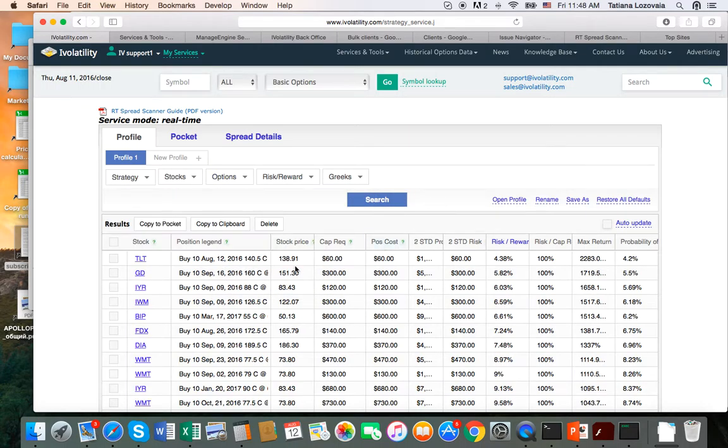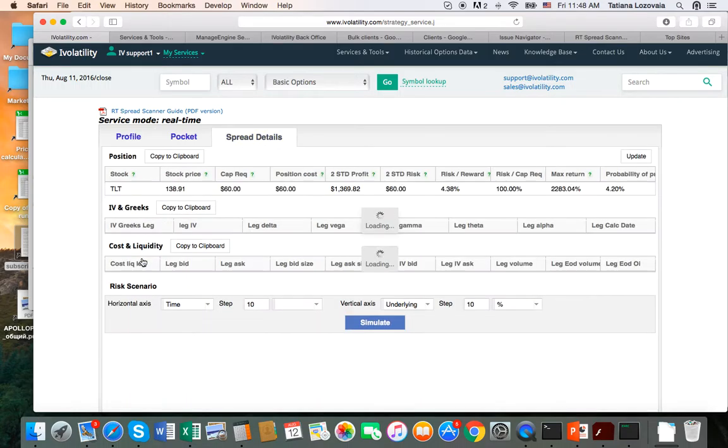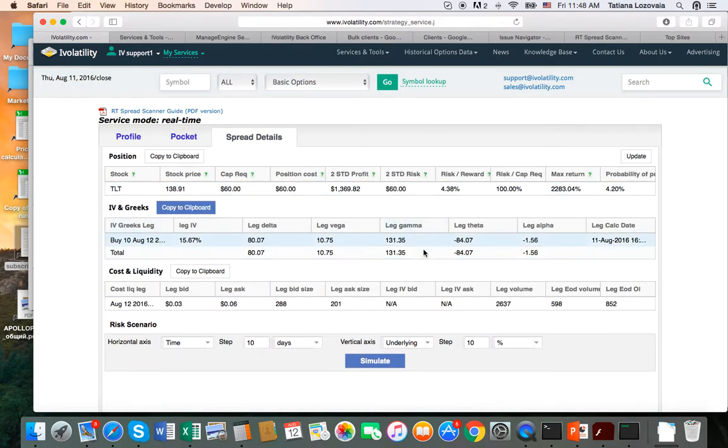So let's have a look. Let's open the first option. Okay, so this option has 2600 volume while its open interest is just 850. So it's definitely a very interesting option to trade.